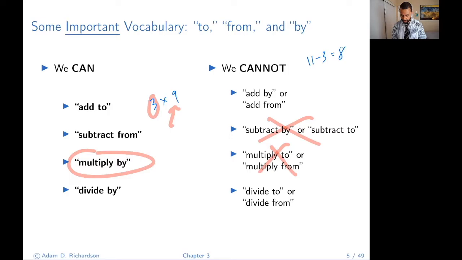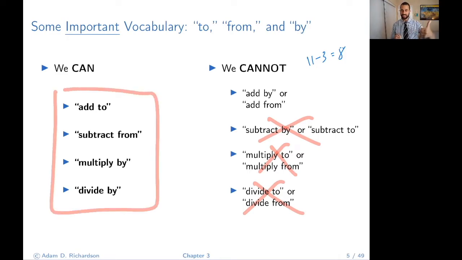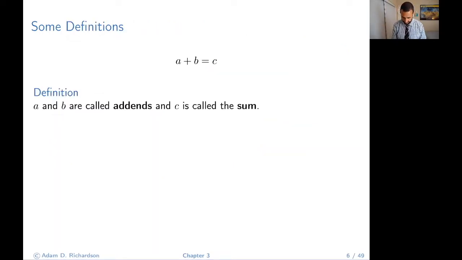And the same thing goes for divide to or divide from. Those words don't go together like that. So I encourage you to focus on this slide and keep in mind that these are the ones you can do. Adding to, it's pretty easy, right? You can add to, you can subtract from, you can multiply by, or you can divide by. That's pretty much it.